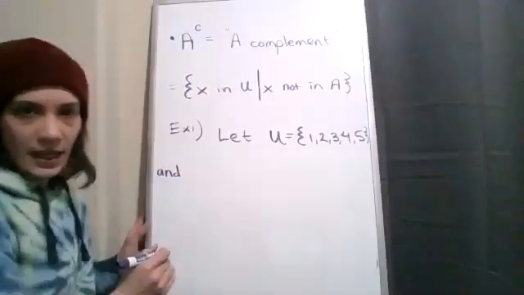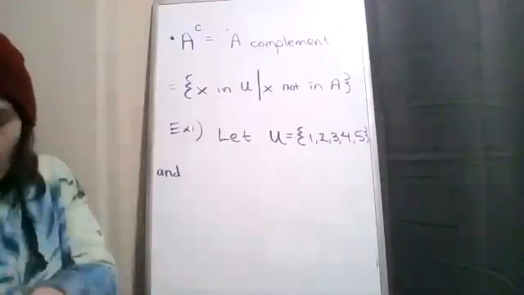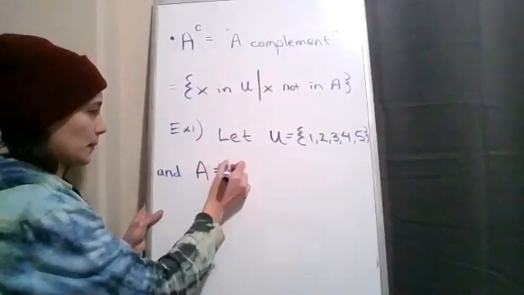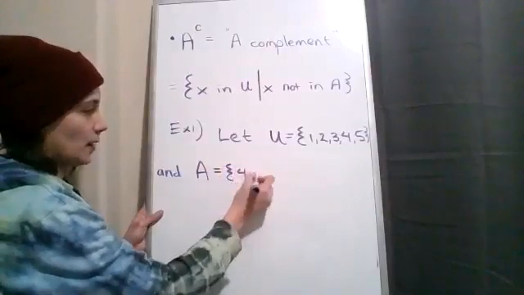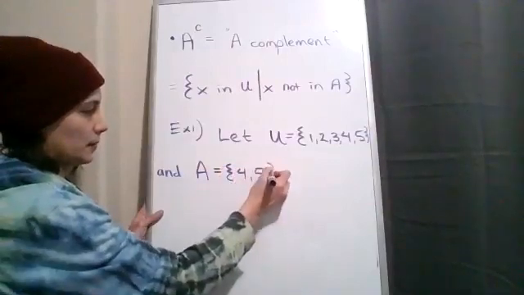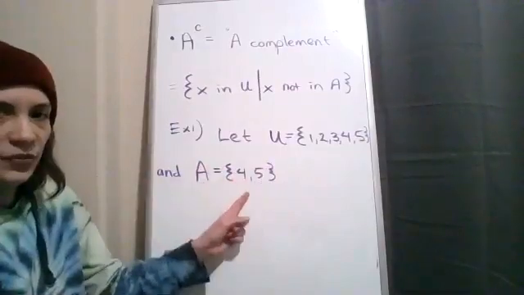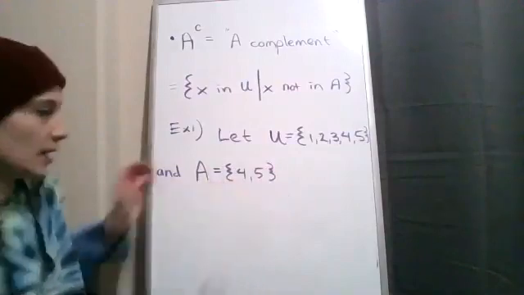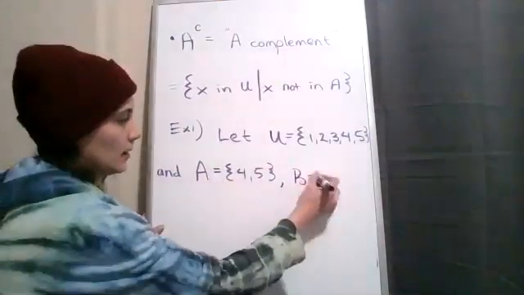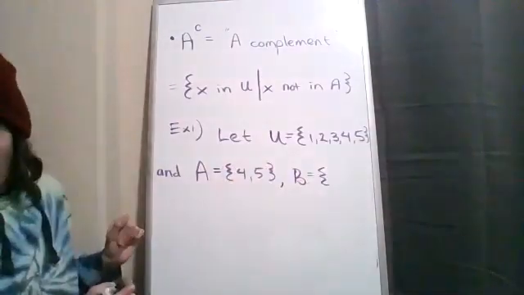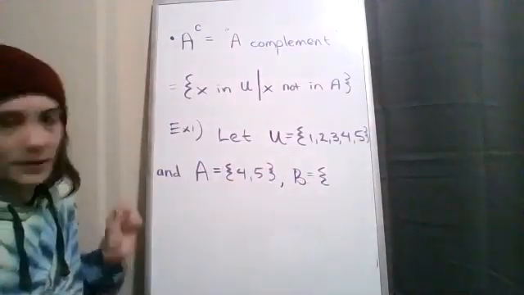And I want the set A to have elements 4 and 5. So A is a set that contains 4 and 5. B is the set that contains 1.